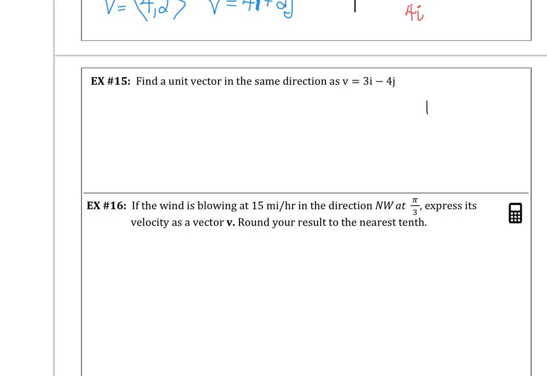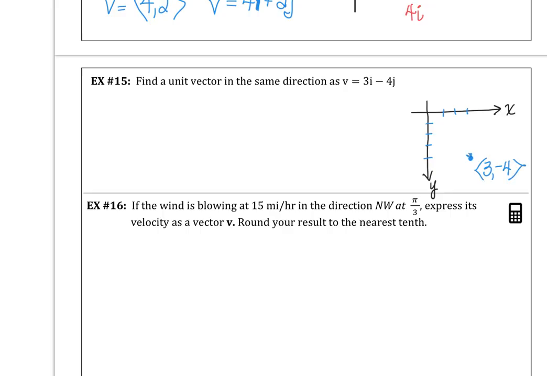So let's first draw an xy coordinate system here. This is in the x direction, this is in the y direction, and we've got the terminal point at 3 units right and 4 units down. So this is our terminal point at 3, negative 4.